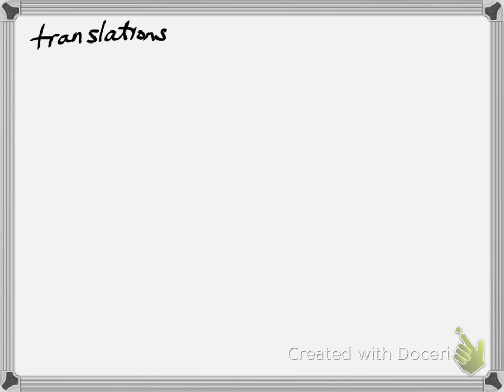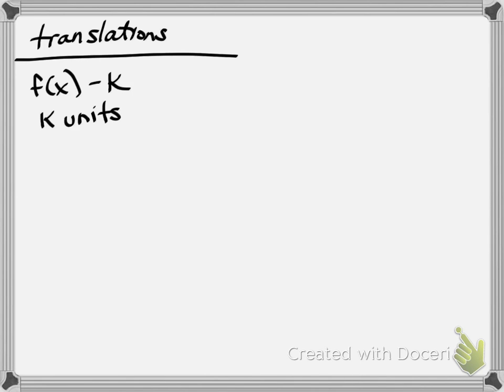So if you take your function and you subtract k from it, that is a shift k units down. If you take your function and you add k to it, that shifts the whole function k units up.